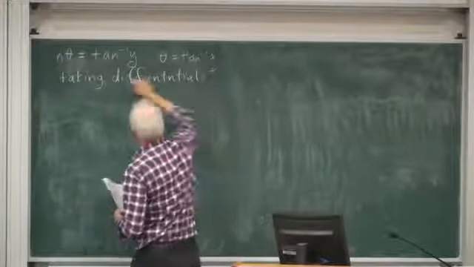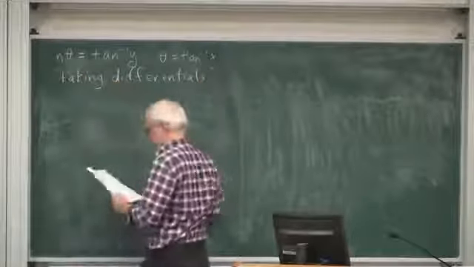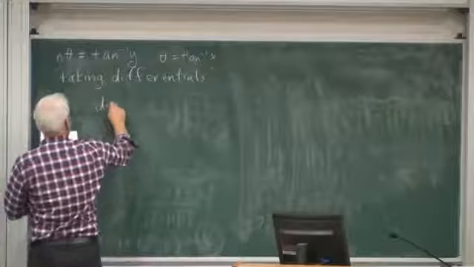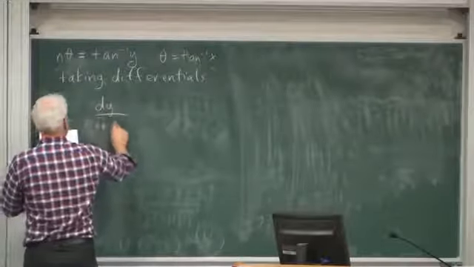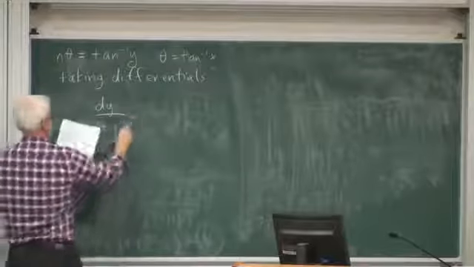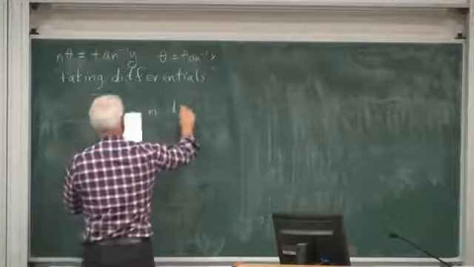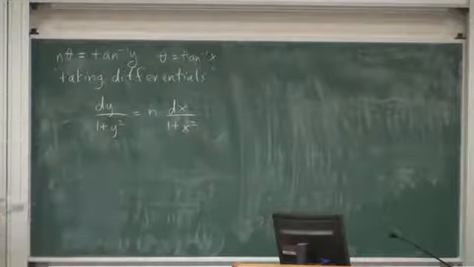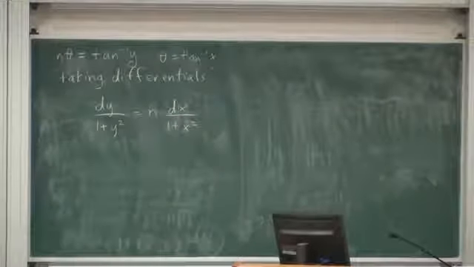These days we would say taking derivatives, but taking differentials, in this expression we get dy over 1 plus y squared equals n times dx over 1 plus x squared. Sort of removing the theta and taking differentials.